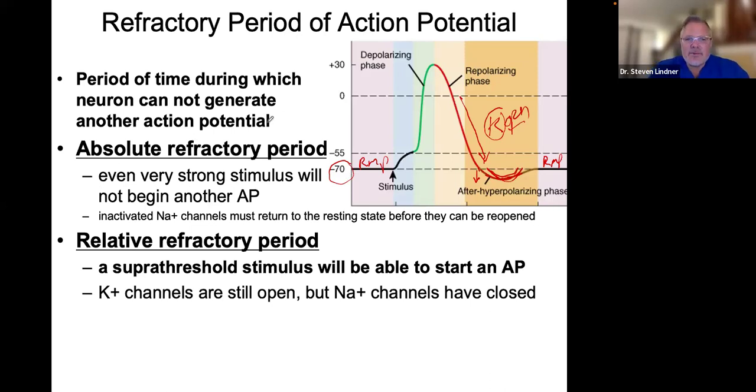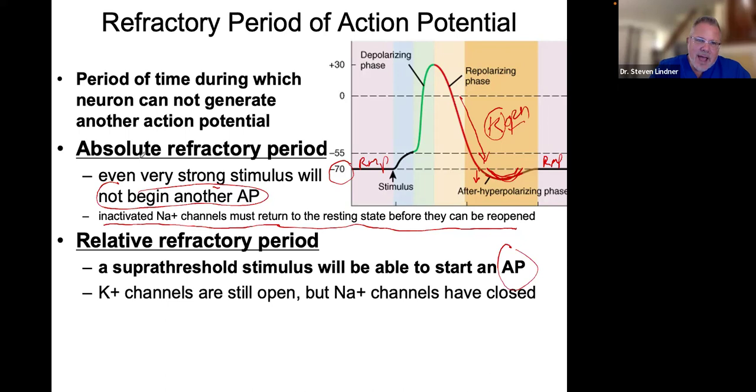The absolute refractory period is this phase here, where no matter how strong the stimulus, another action potential cannot begin. The inactivated sodium channels must return to their resting state before they can reopen. The only time another action potential can be started is in the relative refractory, not the absolute.